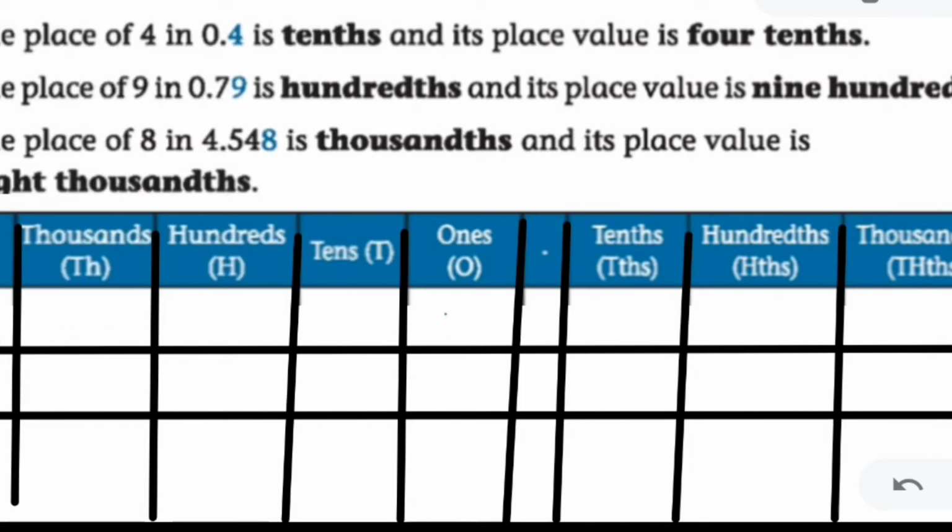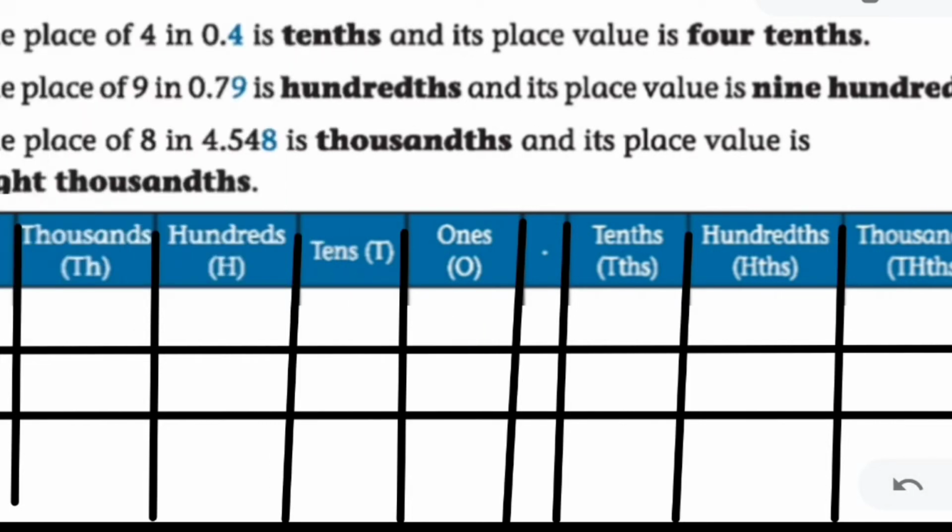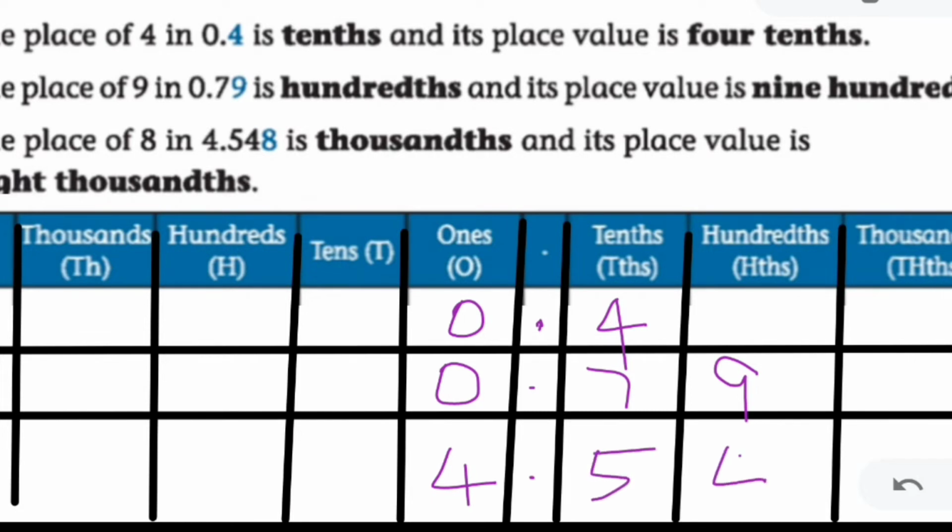So 0 is the whole part and the decimal part is 4, so that is the tenths place, and the decimal point is in between. And next, 0.79, and next, 4.548.